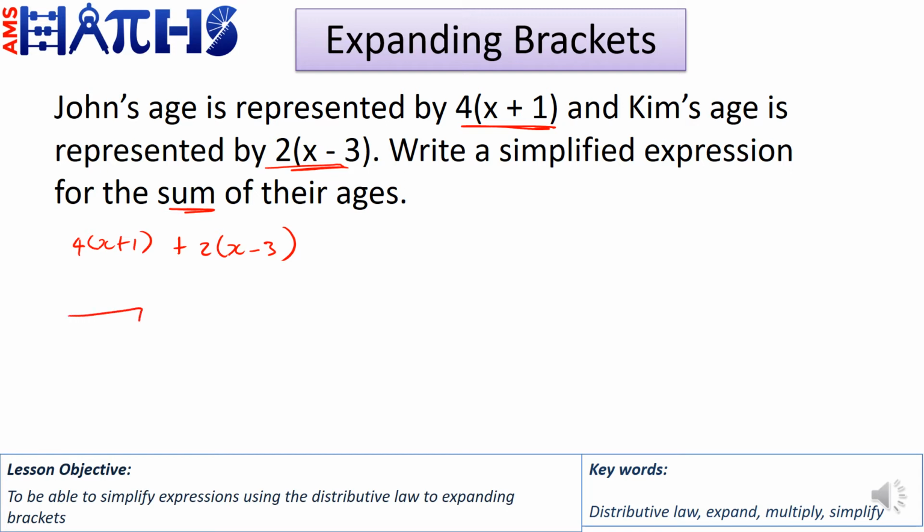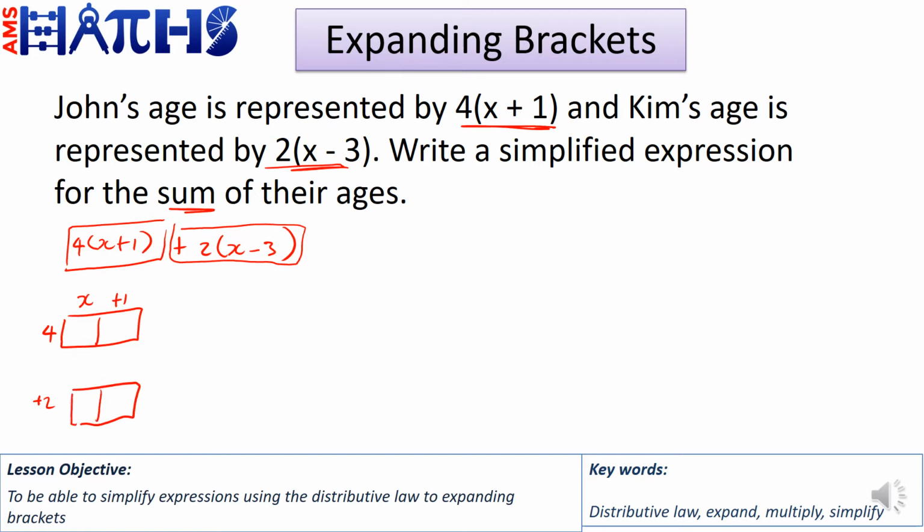So we would have x on top, plus 1, and then 4 to the left. Then we'll have a plus 2 because we need to keep our plus sign with the second bracket, and then we'll have on top x and minus 3.